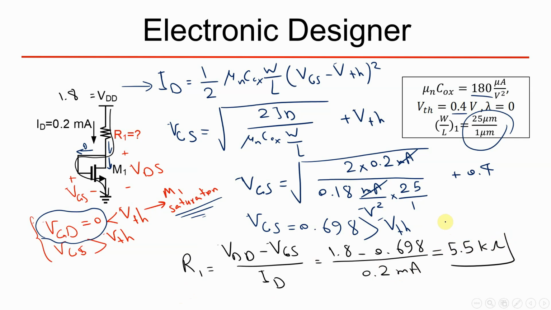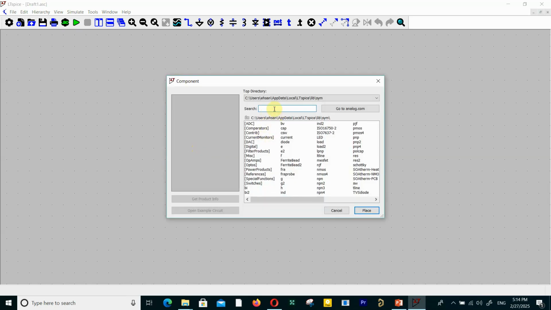Now I'm going to use this calculation and go to LTspice to simulate it to get a better intuition. This is LTspice, and by using some hotkeys you can accelerate your simulation process. For example, you hit P and you can choose your component.